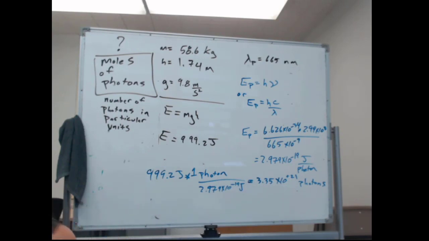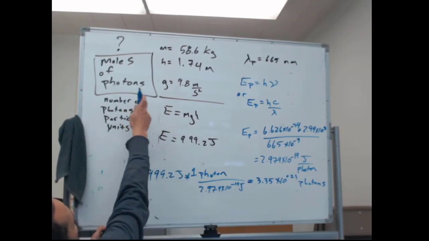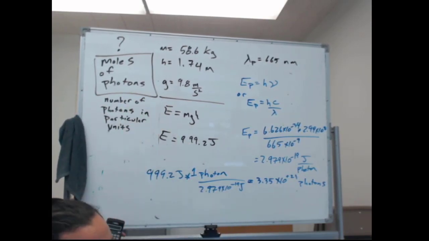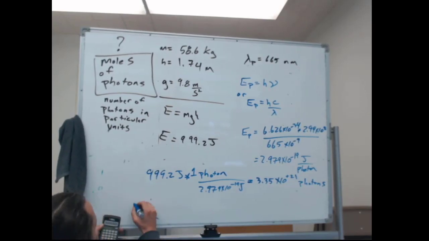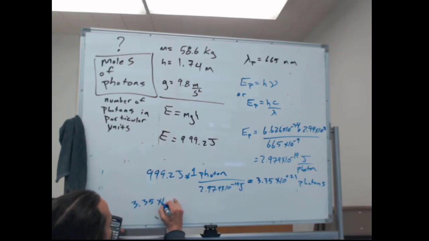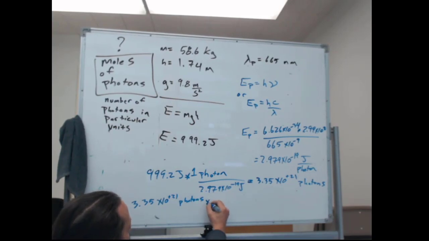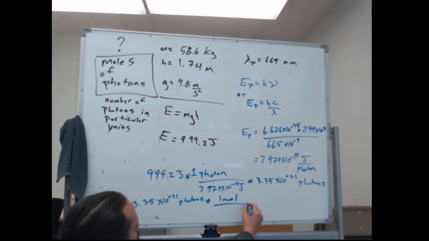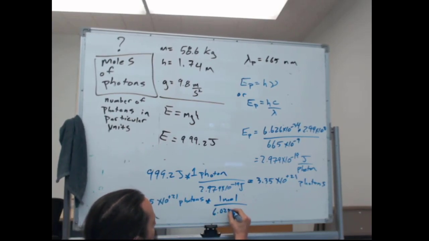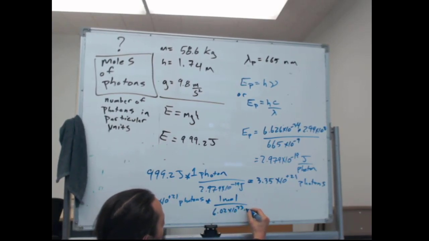Now, the problem asks us to put the answer in terms of number of moles of photons. So we'll go ahead and take that, and using Avogadro's number, which tells us the number of things per mole, we'll convert from just the number of photons to the units that the problem is asking for, moles. Again, thinking about unit analysis, Avogadro's number is 1 mole per 6.022 times 10 to the 23rd things.